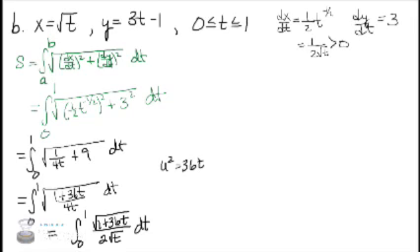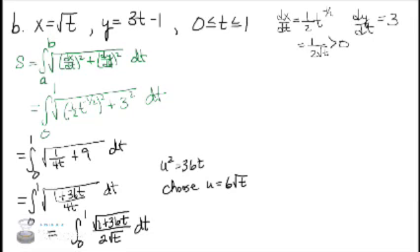So that would mean that I would need to choose my u to be 6 times the square root of t, which we almost have down here with the exception of the constant.